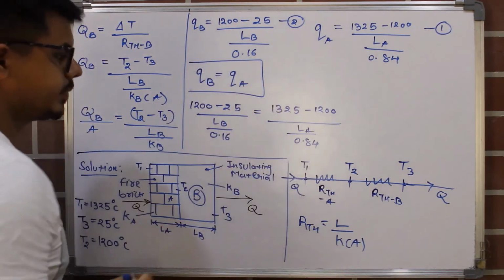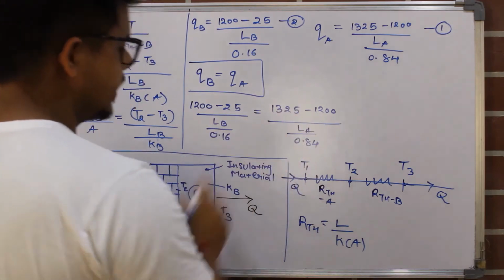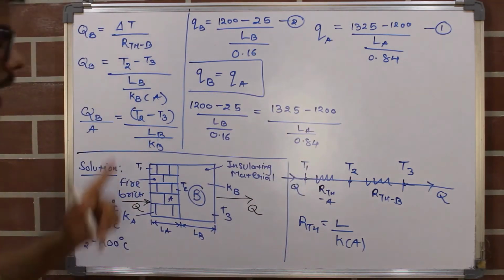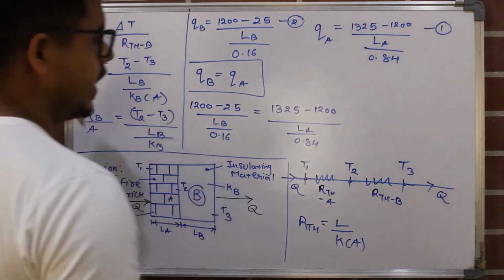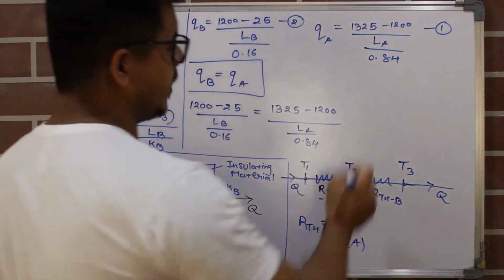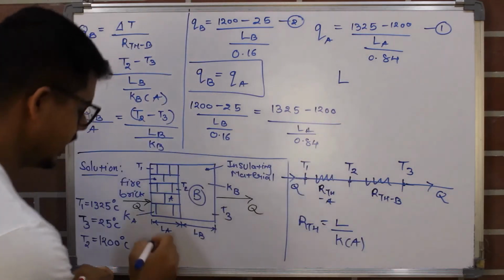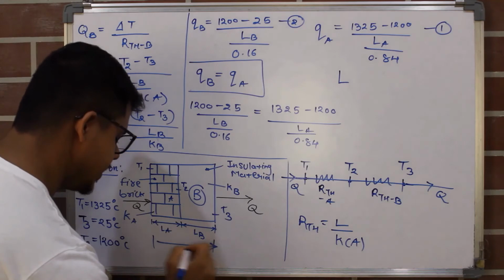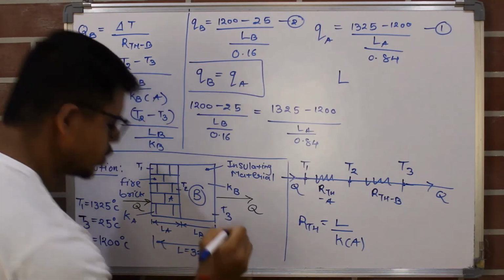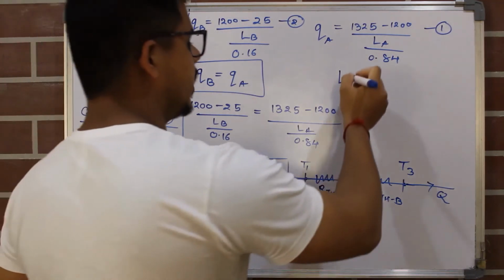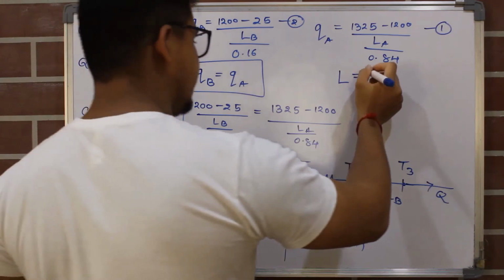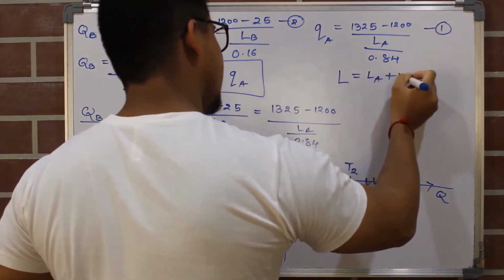Now you will solve this, but before that I had missed one point. In the question, if you read the first line, the thickness of the wall is given, that is 320 mm, meaning total thickness. This is the total thickness L, which is given as 320 mm. And we know that L, capital L, is equal to LA plus LB.